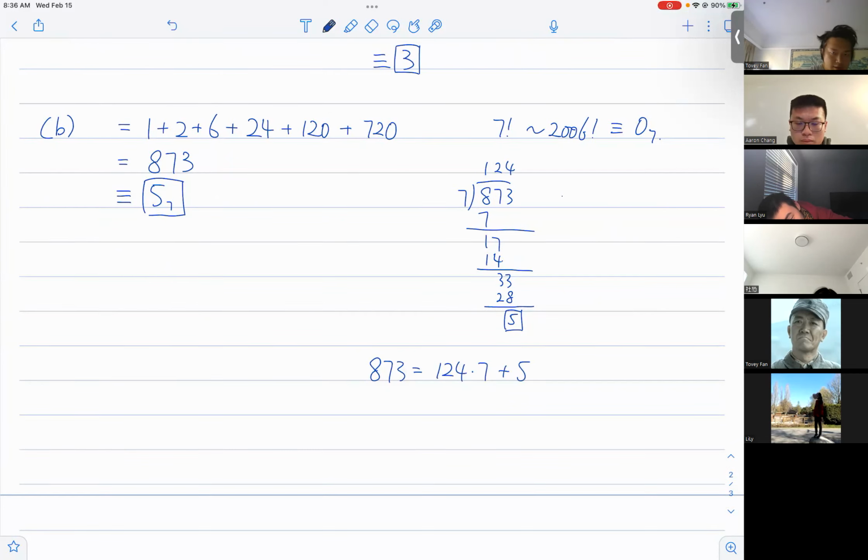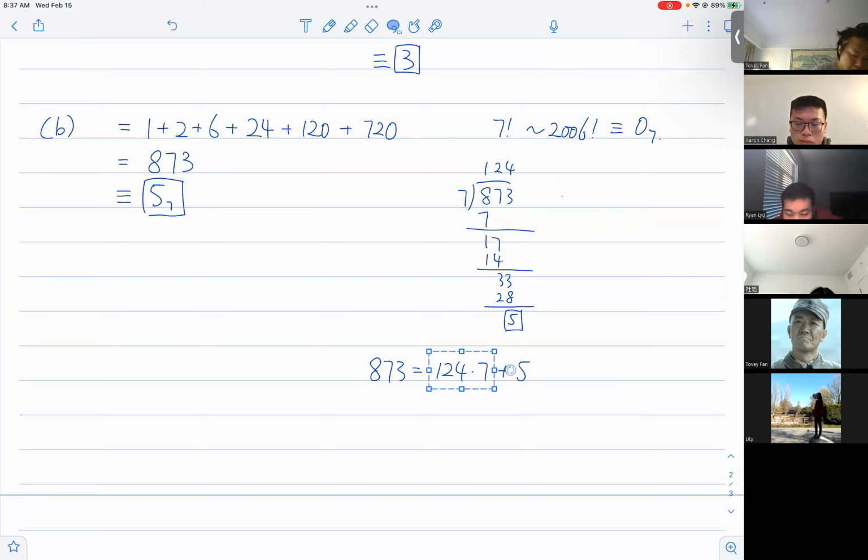The remainder is 5. So for this 124 times 7 part, you can figure out what their digit bundles are, right? You can do 49 times something and then 7 times something, remember? But anyway, the unit digit would be 5, right?